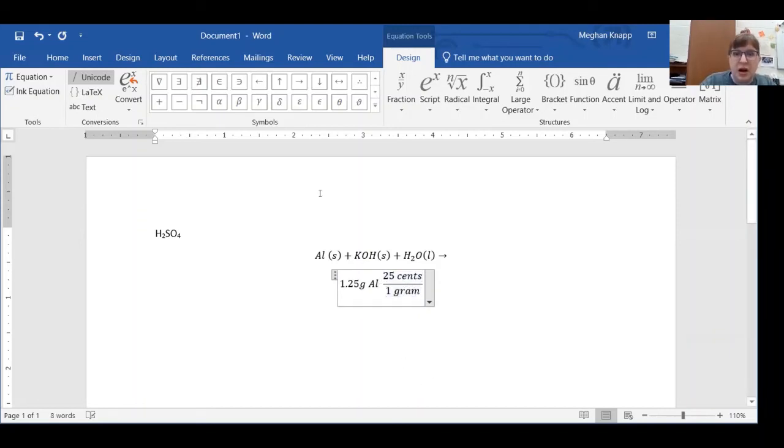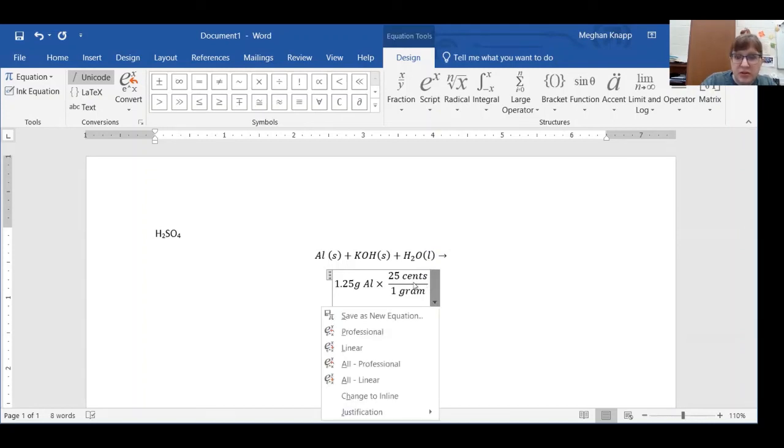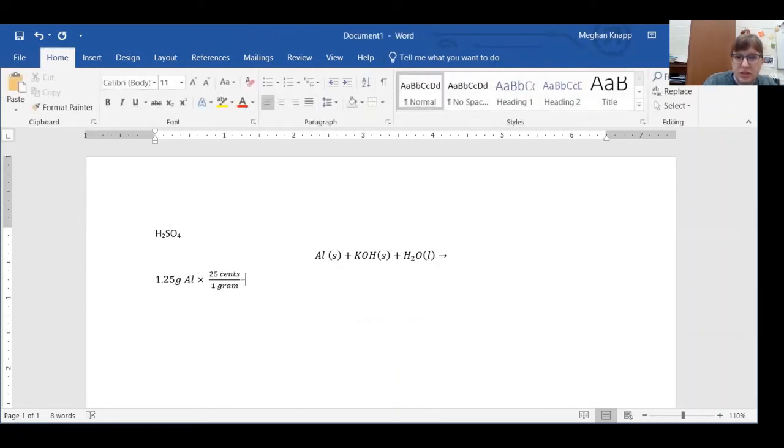I'm going to want my operator, my times, and so I'm going to find that over here. There it is. Most of the operators that you would normally see in your typing, you can also just type in.